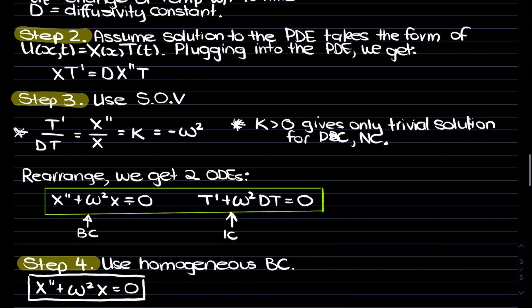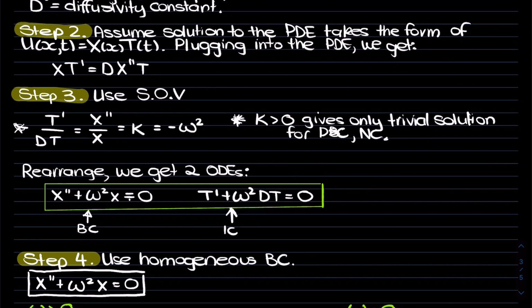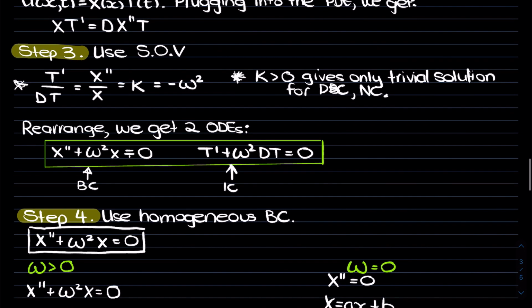So once we plugged it into the PDE, step 3 was to rearrange that. We used separation of variables, so we put all the t's on one side, all the x's on another side, and we set it equal to negative lambda squared. We were allowed to set it equal to that because a k greater than 0 gives only the trivial solution, and we're not interested in that.